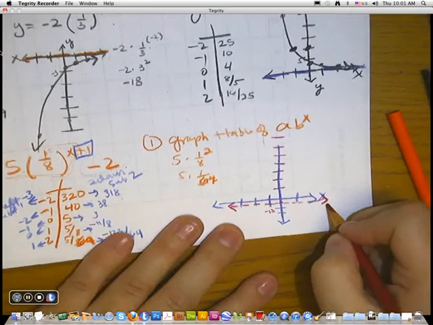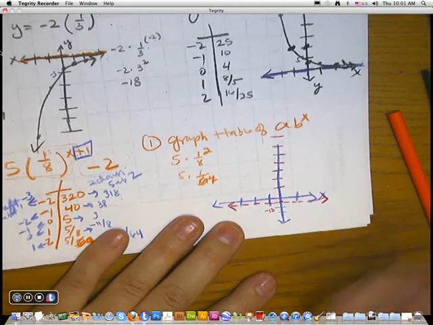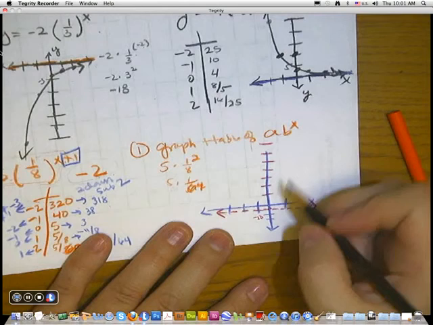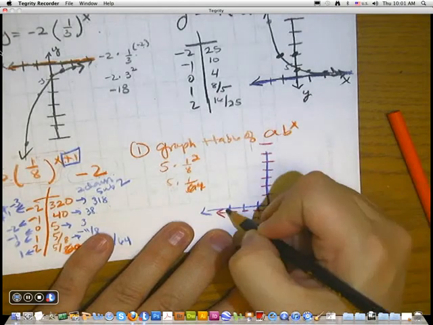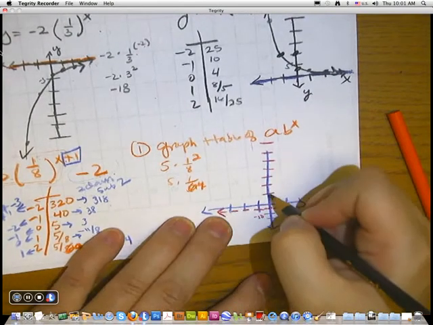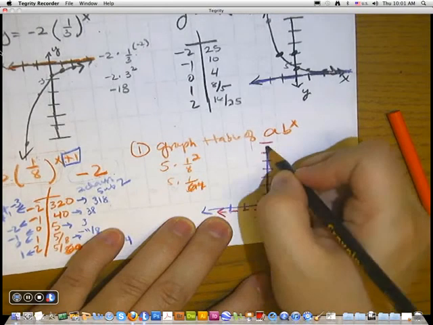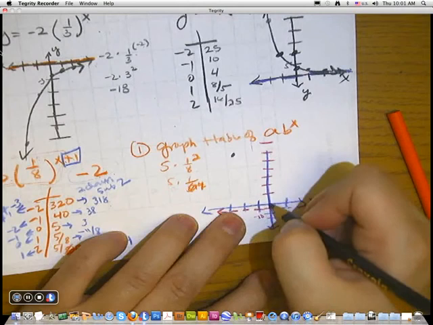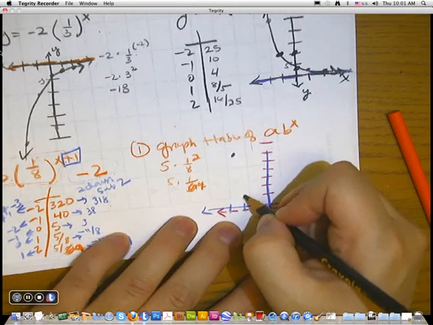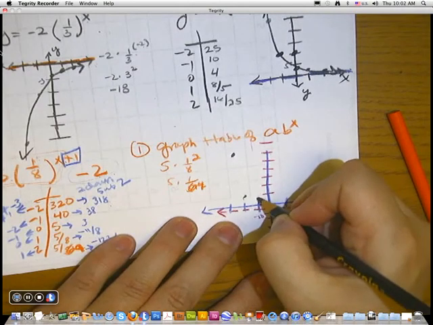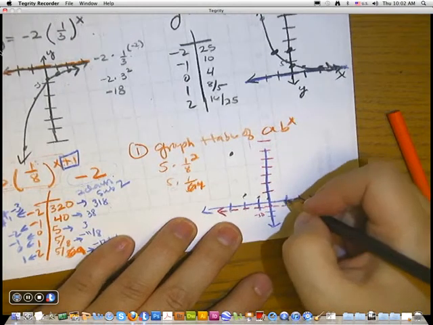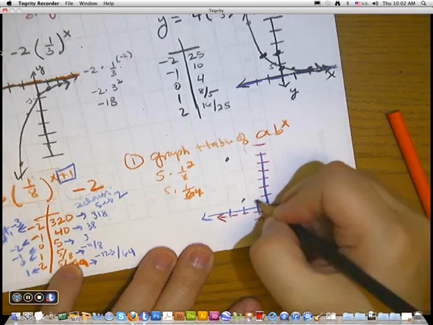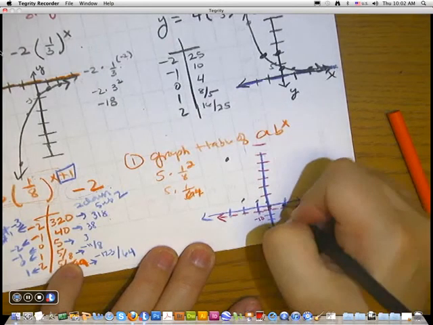And that's my asymptote. Might want to put that in just so that I know that I'm not going to go below that line. So I have -3 and way up at 318, so 100, 200, 300, somewhere around there. -2 is 38, so here. And we're getting really small.